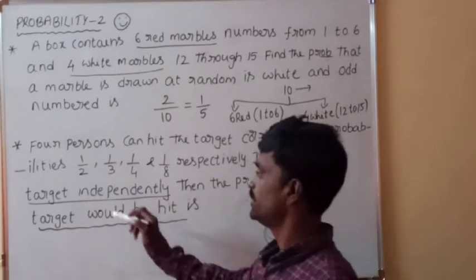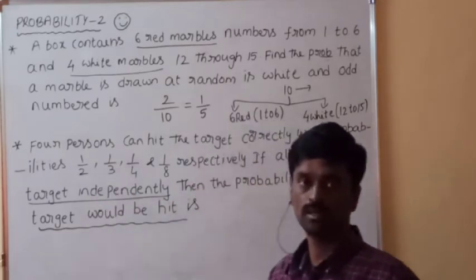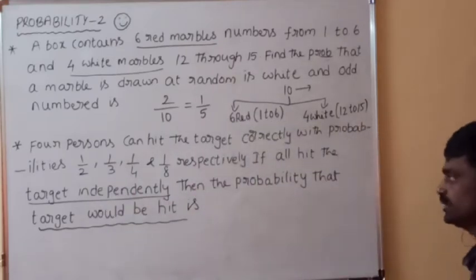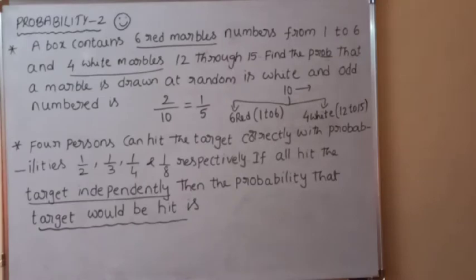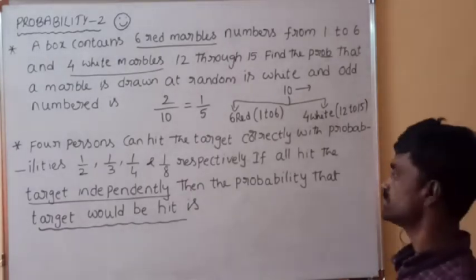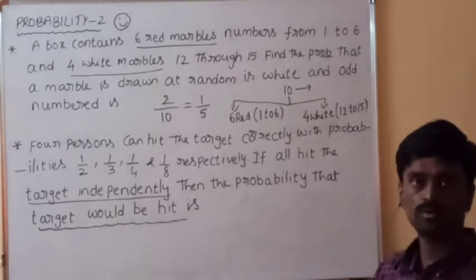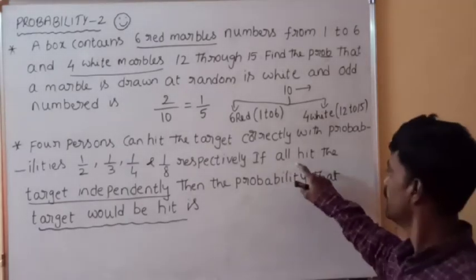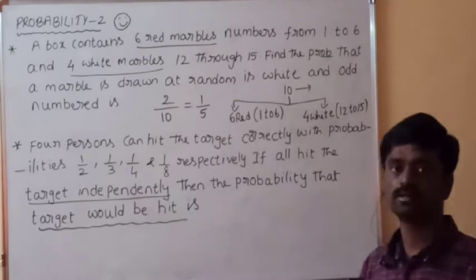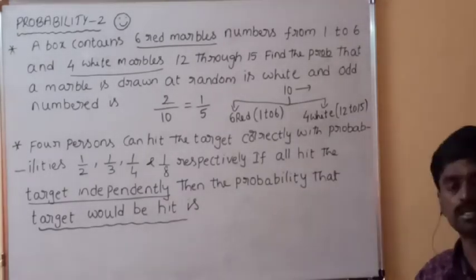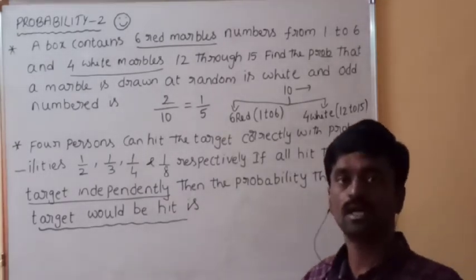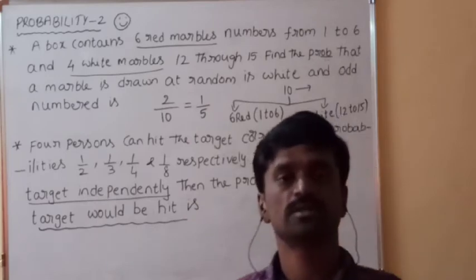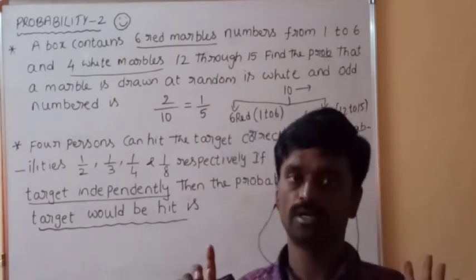Then probability of A is 1 by 2, probability of B is 1 by 3, probability of C is 1 by 4, probability of D is 1 by 8. According to the question, they are hitting the target independently. That means the events A, B, C and D are independent events.